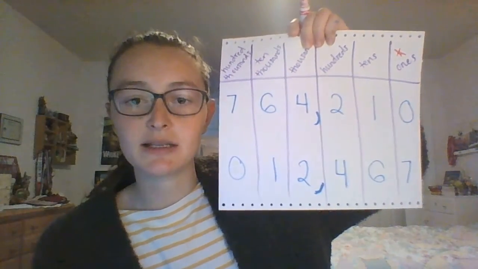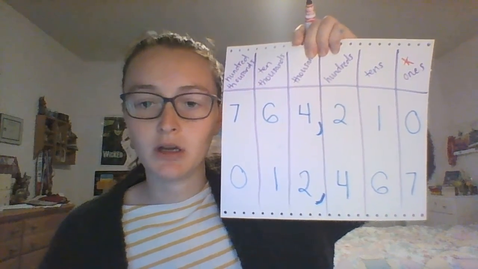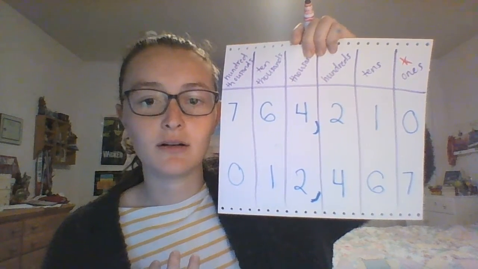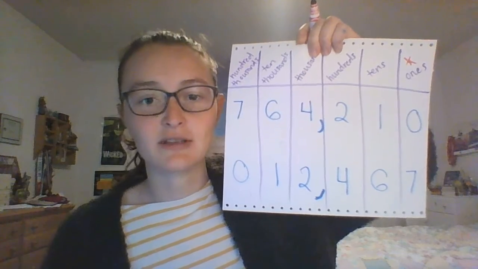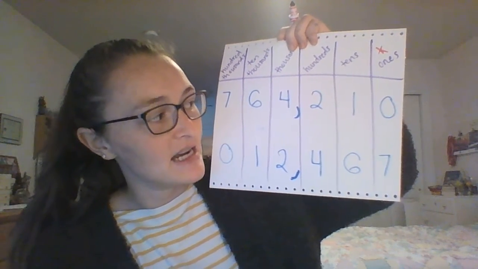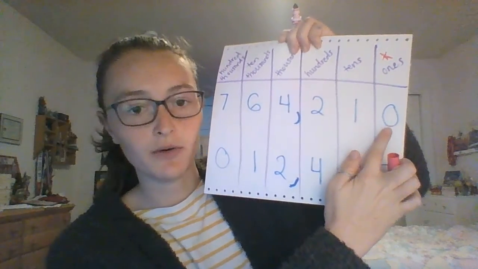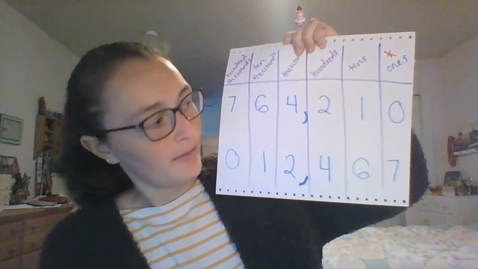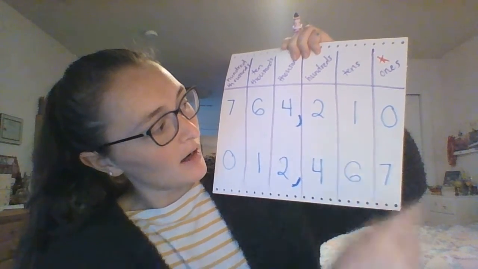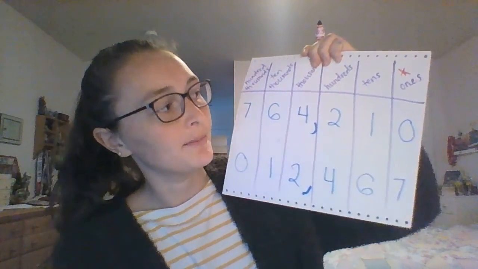If our ones place is a multiple of 2, 2, 4, 6, 8, or 0, 0 counts, then this is an even number. So 0 makes this an even number.